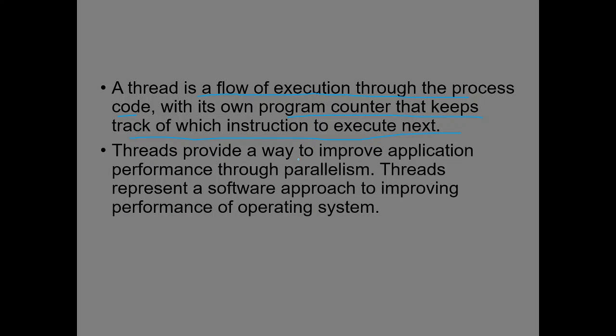Threads provide a way to improve application performance through parallelism. So threads are included inside the process to improve the application, so that tasks can be done simultaneously and the process can get executed fast. Threads represent a software approach to improving the performance of the operating system.